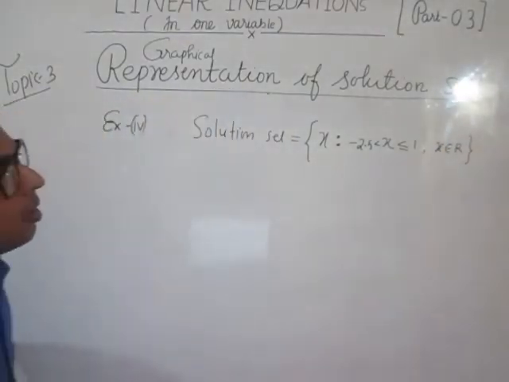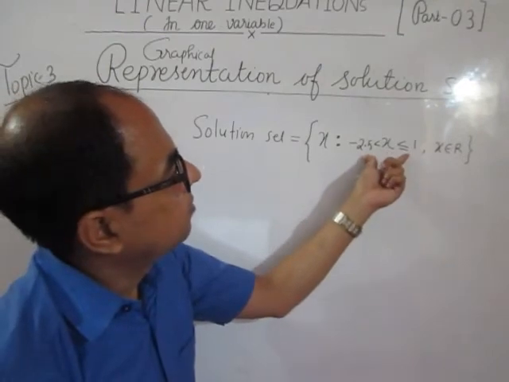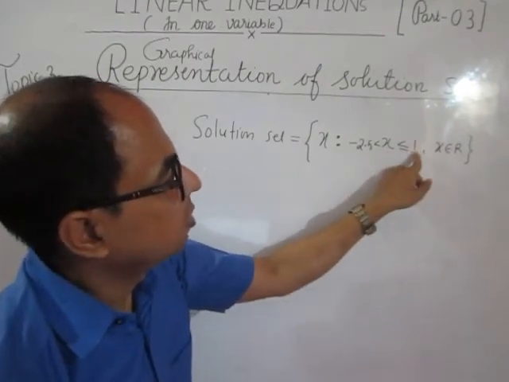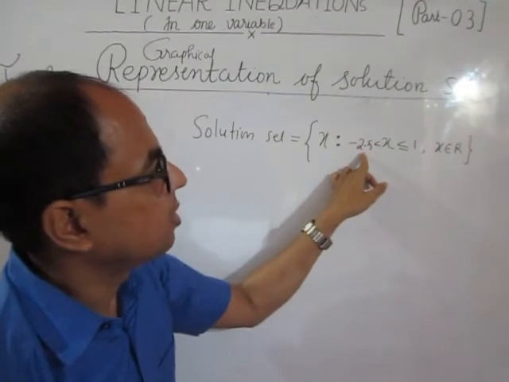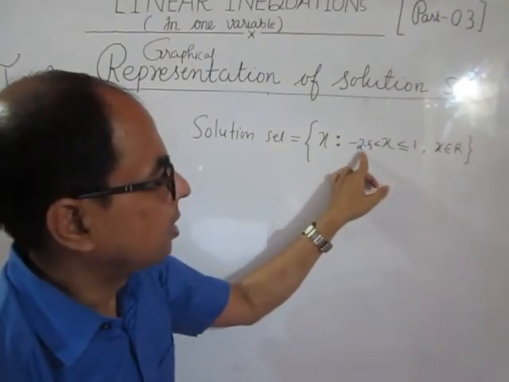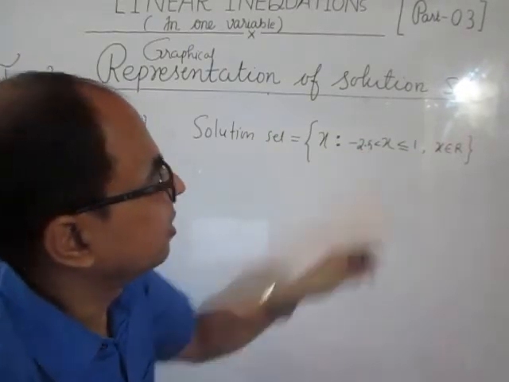Now again two endpoints are given. Right endpoint is 1, that is closed point, and the left endpoint is -2.5, it is in fraction and it is open point because equality sign is not given here.